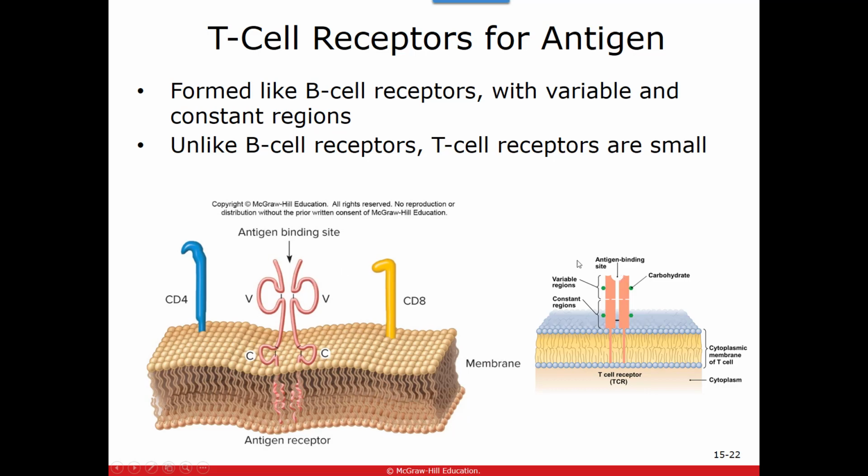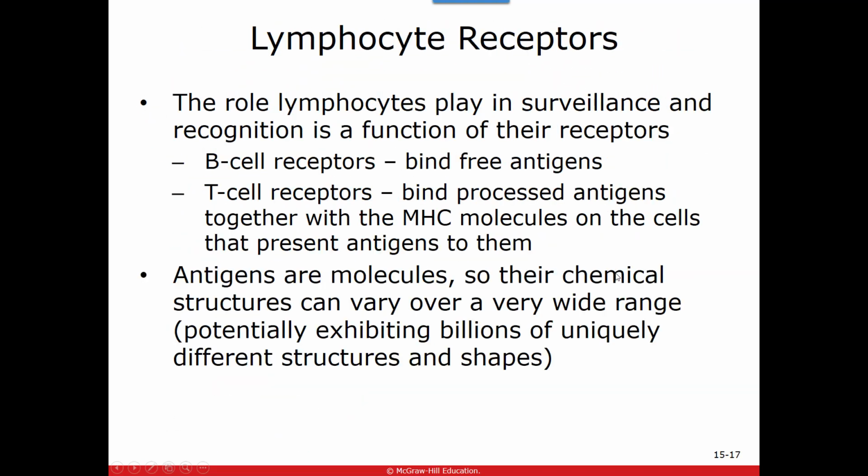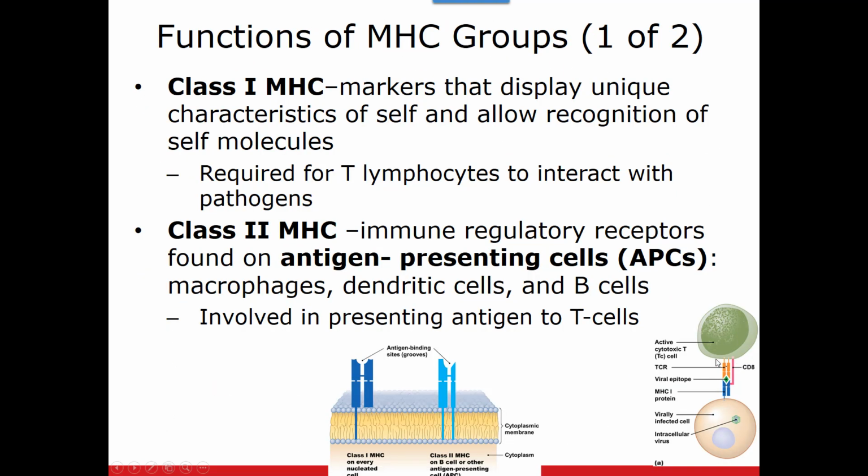Usually an antigen that's going to be associated, I'm going to go back a few slides, usually it's going to recognize something that's attached to an MHC. So here you'd have your T cell. Here's your T cell receptor, the TCR.